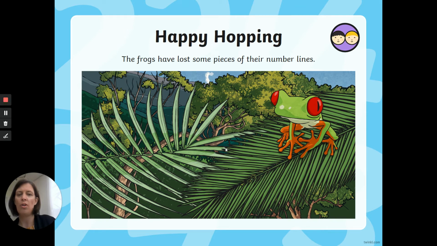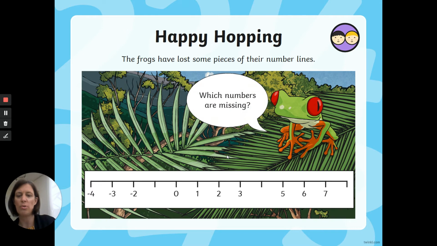Okay, so we're going to have a look at the frogs now, and they've lost some pieces of their number line. So can you work out the missing parts of the number lines? Which numbers are missing here on this number line? Good, we were missing -1, 4, and I think it was 8. Have a check.